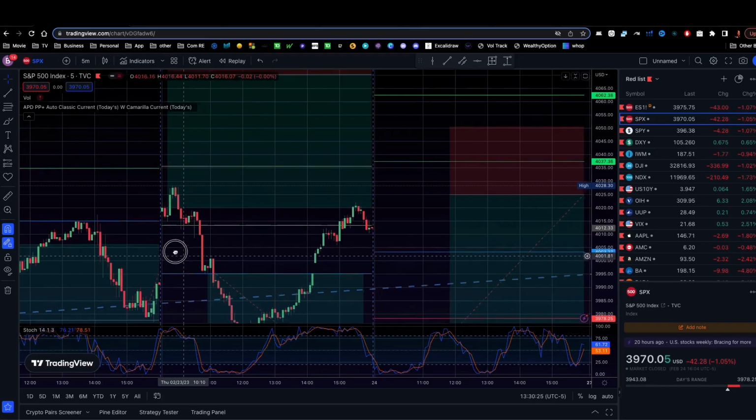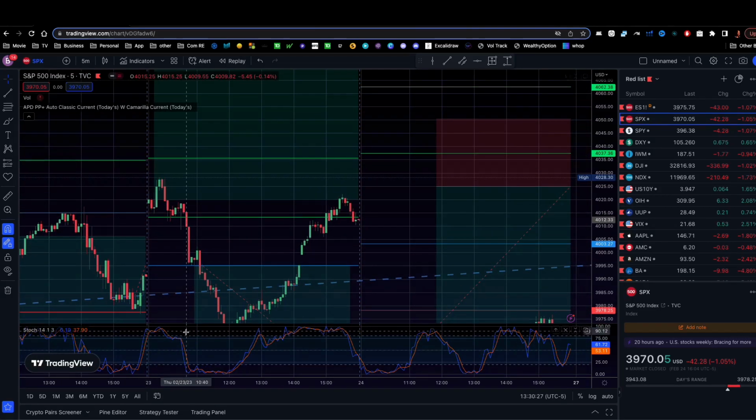So what I should have done on this day on the call spread, I should have waited till somewhere around this point right here, or even this point right here where we start to see it really make inroads into the middle area. But even if I wanted to trade right here, this would have been justifiable because it is falling into the middle area as far as stochastics.